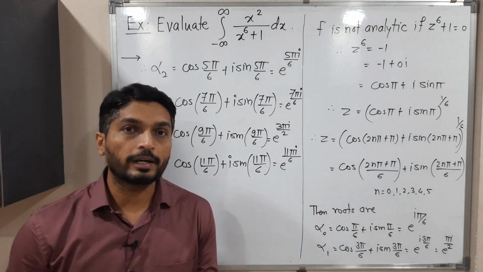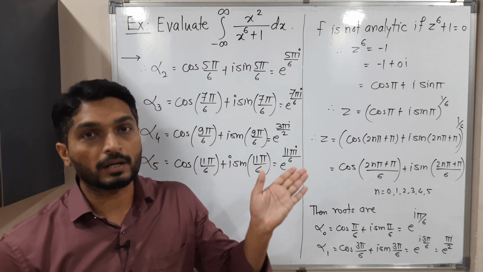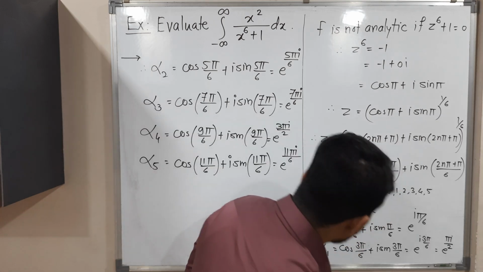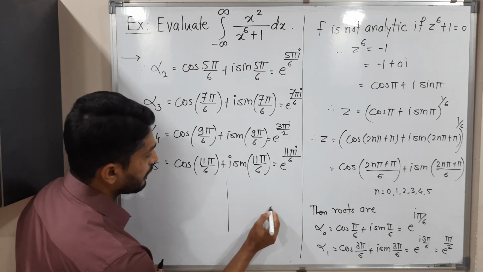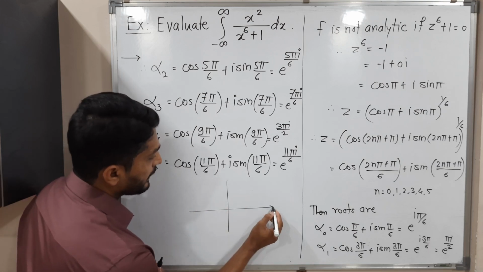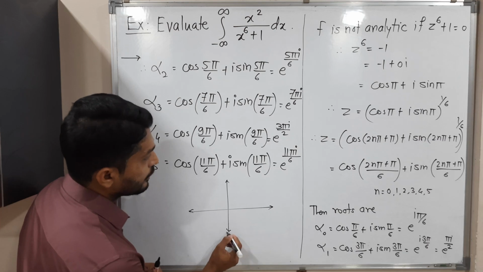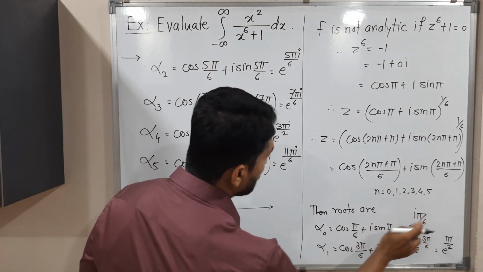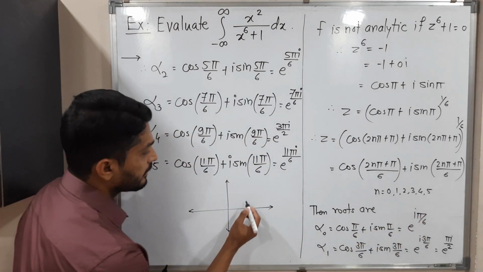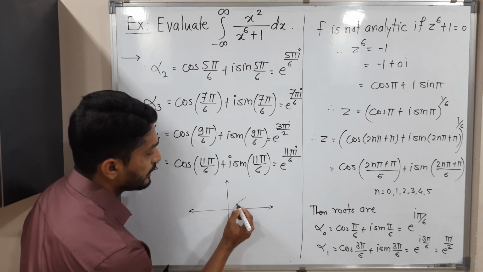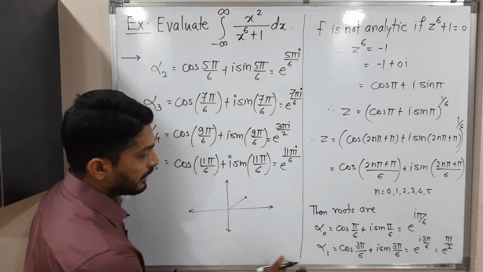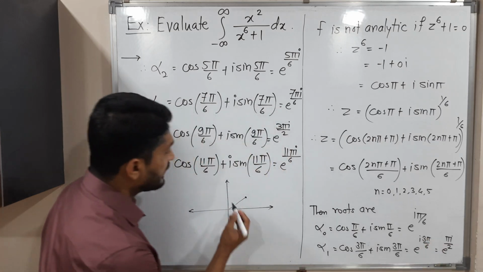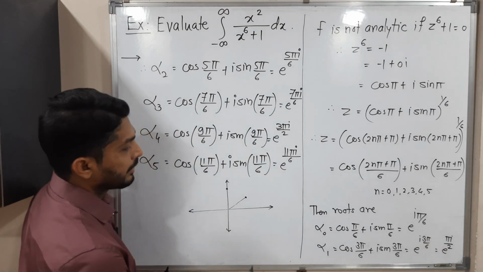Okay, so now we have to find out which roots are lying in the upper half of the plane. See, by observing the angle we can easily guess. So this is a complex plane. For alpha 0 we have angle pi by 6, that means 30 degree, somewhere here. So the first alpha naught lies somewhere here. Alpha 1, pi by 2, 90 degree, it will be here.